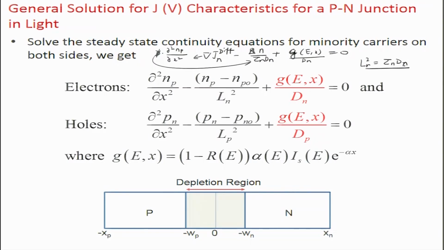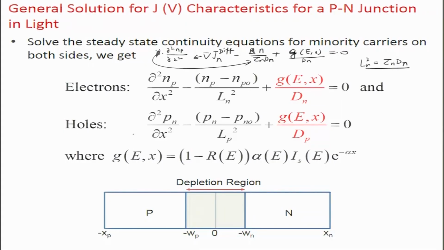Diffusion length is equal to the square root of tau n Dn. So for electrons we have del 2 Np by del x2 minus (delta n, which is Np minus Np naught) divided by Ln square, plus g, the generation term as a function of energy and distance, divided by Dn, equal to 0. Similarly for holes you get this expression.